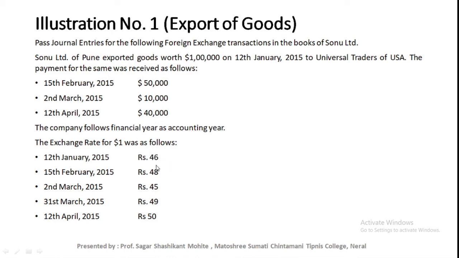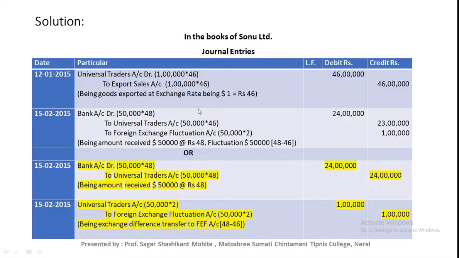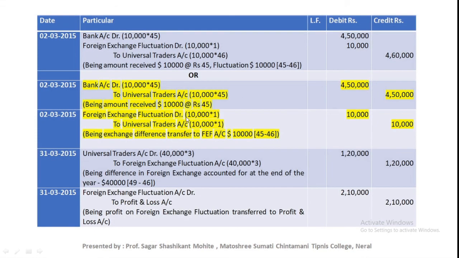The base rate was rupees 46 and the year-end rate rupees 49, so the difference is rupees 3 per US dollar. So the profit is to be transferred to the foreign exchange fluctuation account for the outstanding dollar.